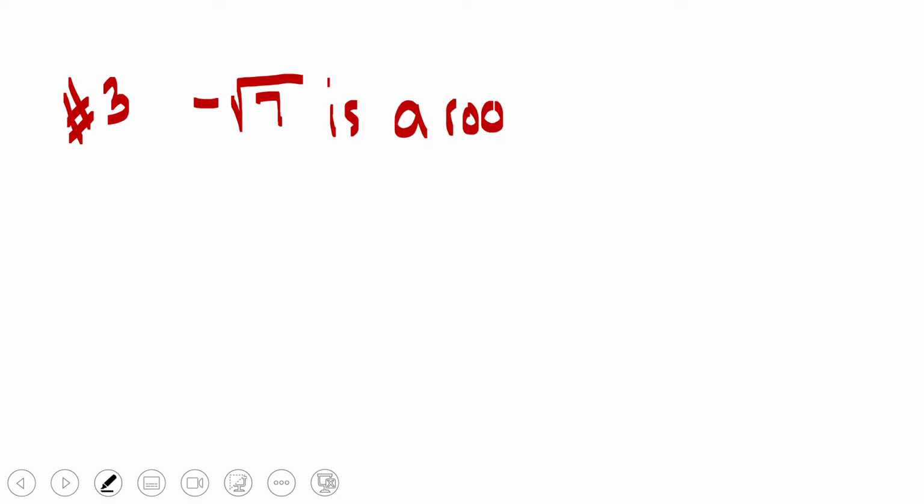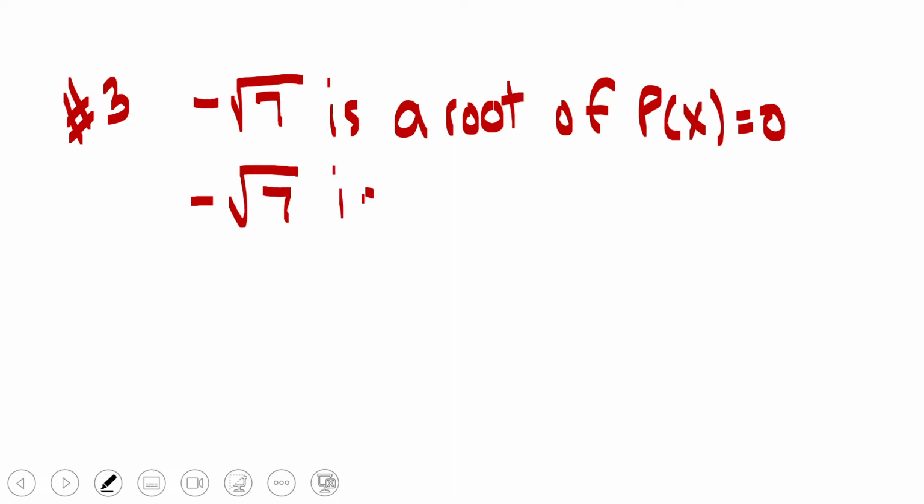In the next section for number 3, if you're given that negative square root of 7 is a root, p of x equals 0, then negative square root of 7 is also a 0 of p of x.